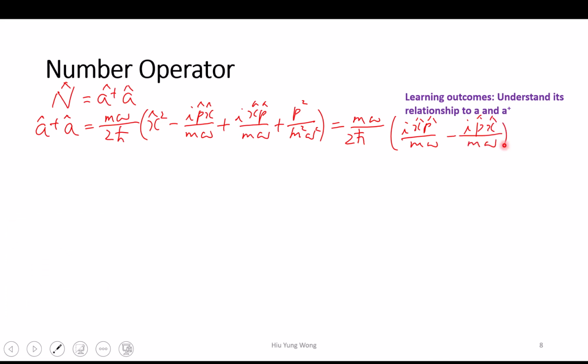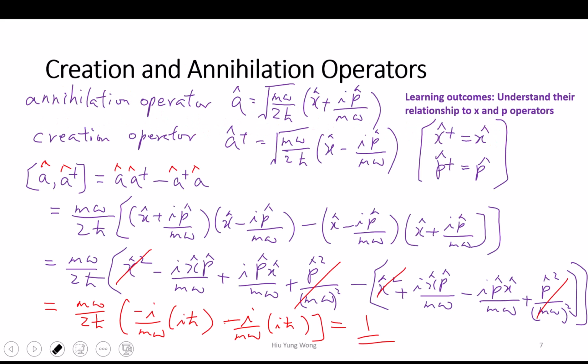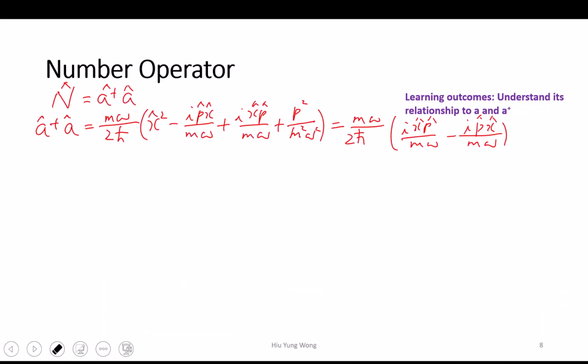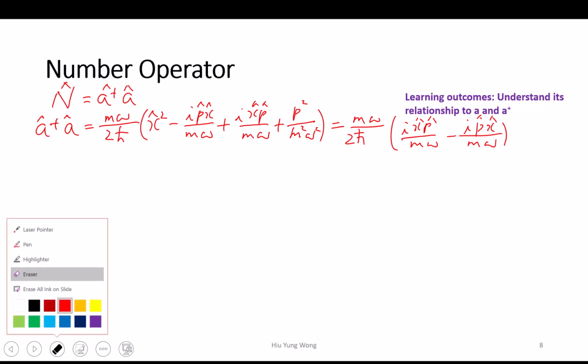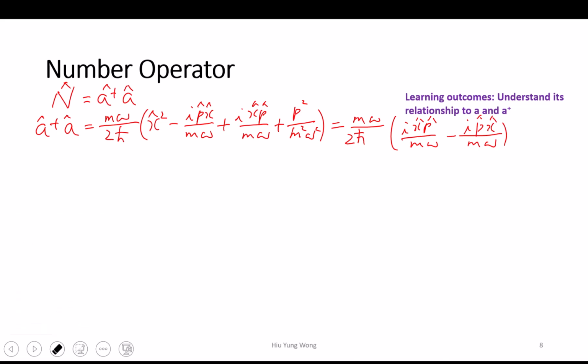So what am I doing? I think I did something wrong. I'm sorry, I really should not do that. Sorry, I need to redo this. I did not copy it right. I keep thinking that I can erase that, cancel that. So let me do it one by one.